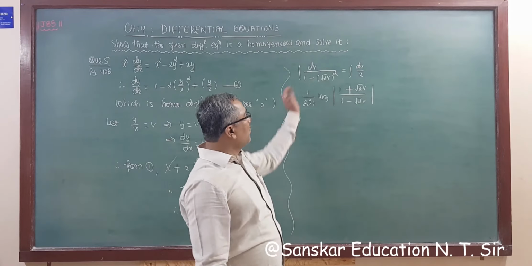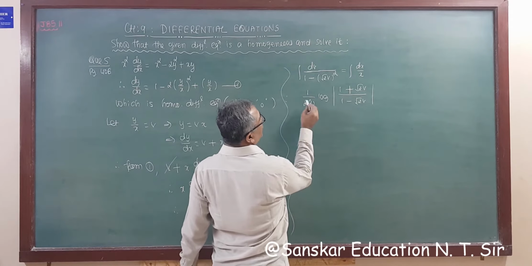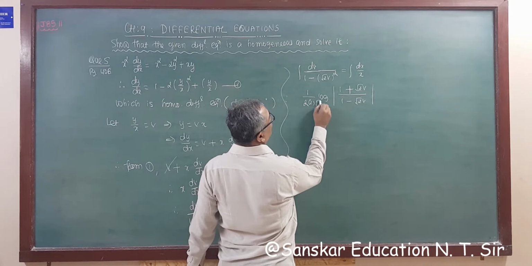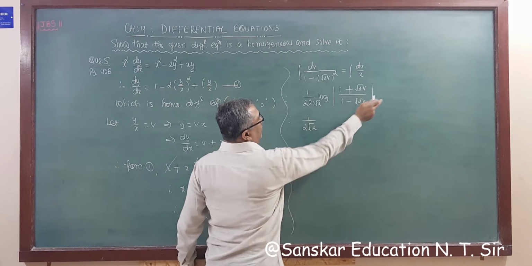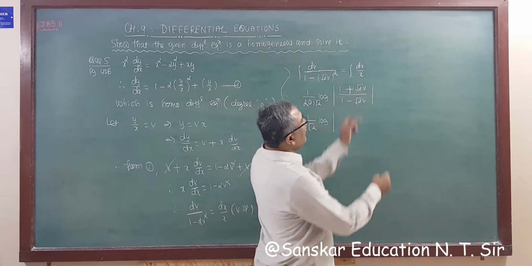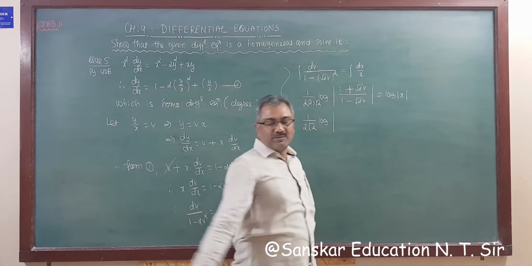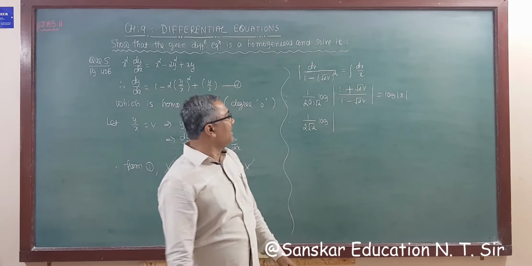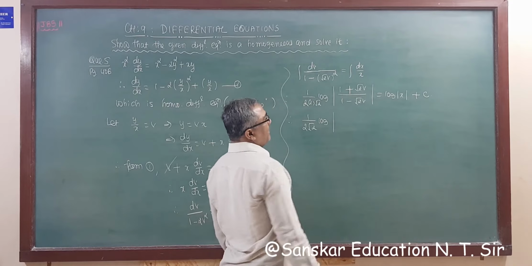But coefficient of v is root 2, so we have to divide by root 2 also. So this is 1 upon 2 root 2. And integration of dx by x is log mod x, and then plus c.